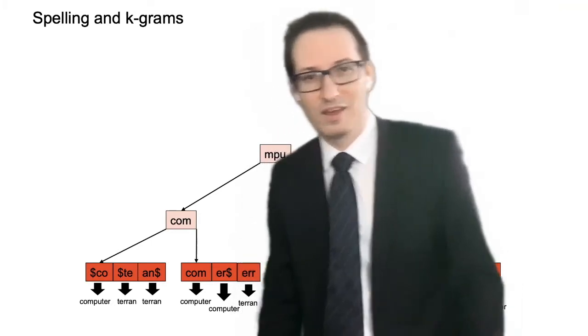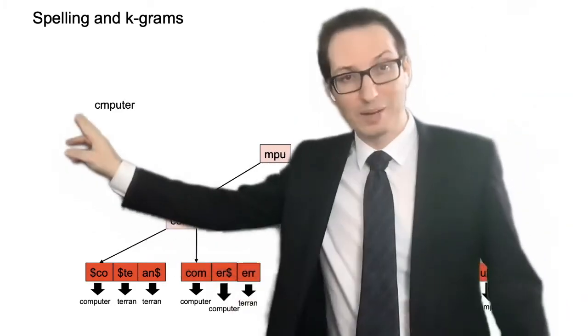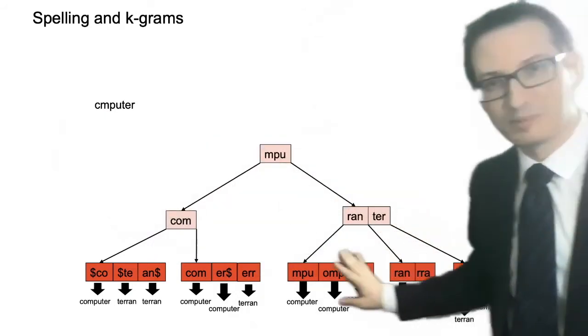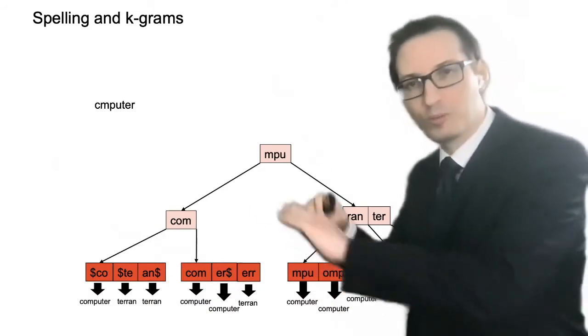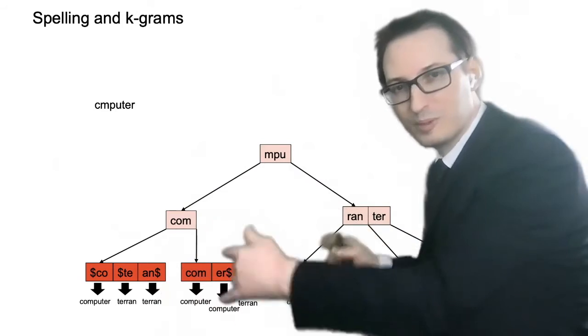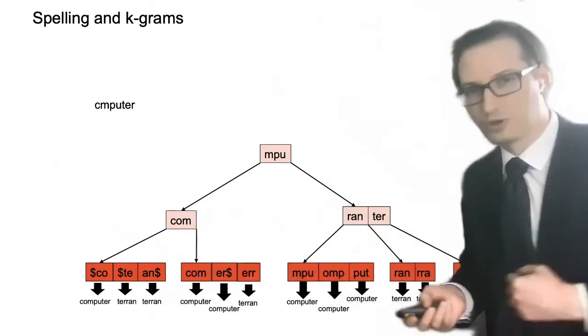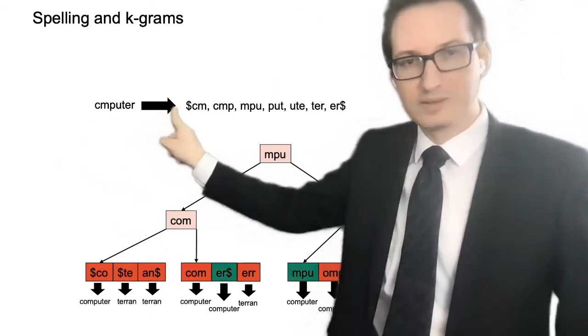Once you have that, you can look up the k-grams. You remember this k-gram index that we built last time, right? We took all of the words in the dictionary, computed all of their k-grams, and nicely arranged the k-grams in a B+ tree that points to the terms they came from. So we take the k-grams from this, and this is what it gives us.